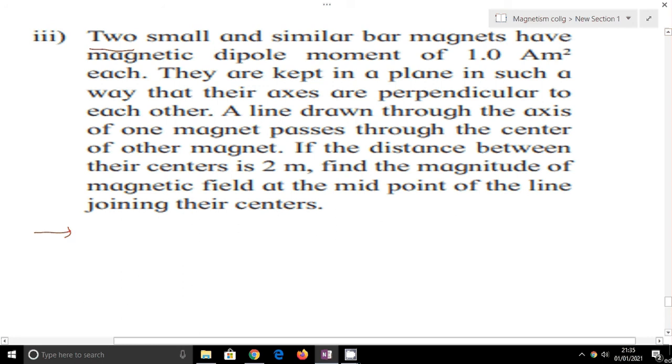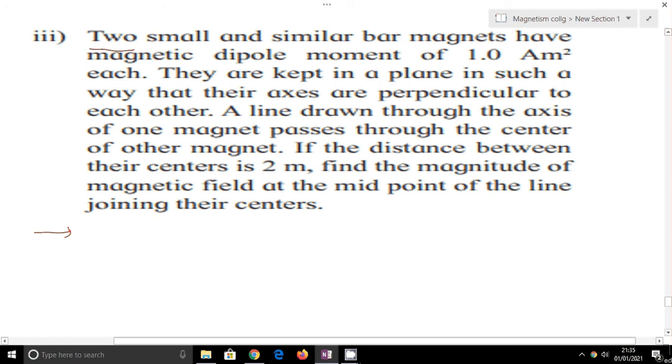They are kept in a plane in such a way that their axes are perpendicular to each other. So we have to keep those 2 bar magnets in such a way that their axes are perpendicular to each other. A line drawn through the axis of one magnet passes through the center of the other magnet.